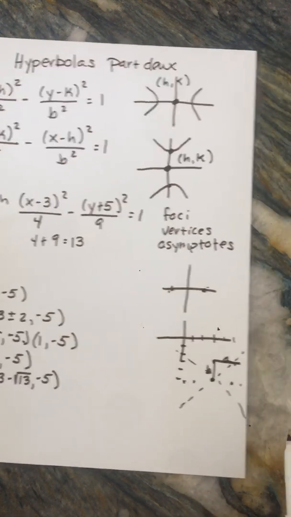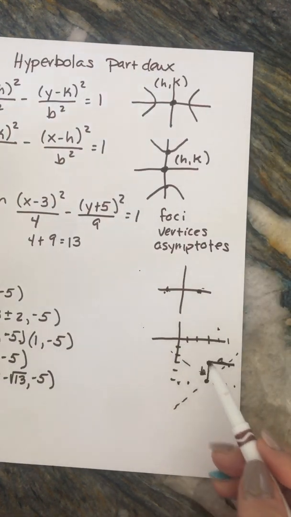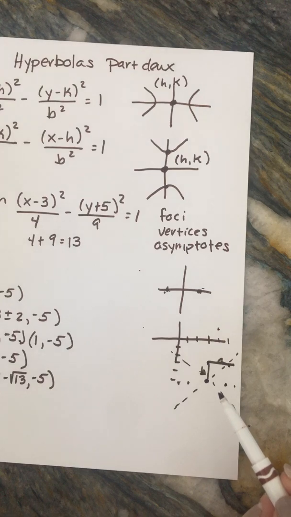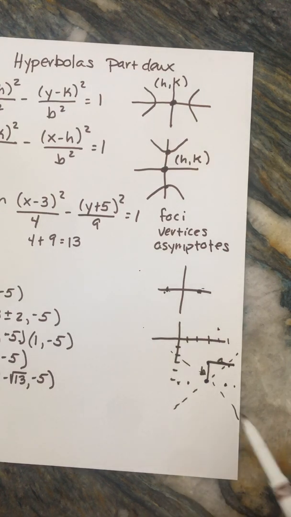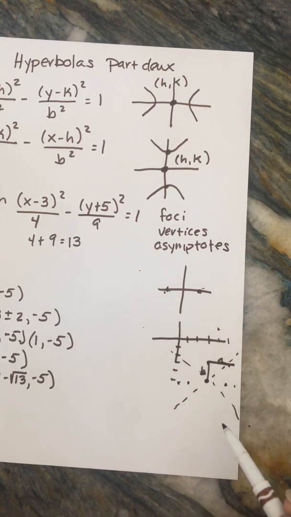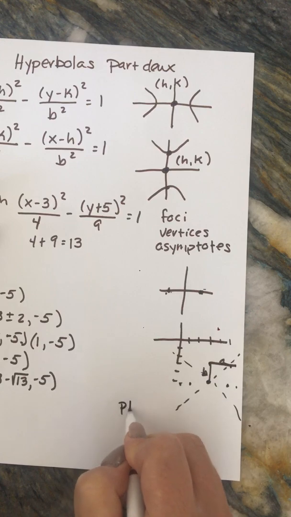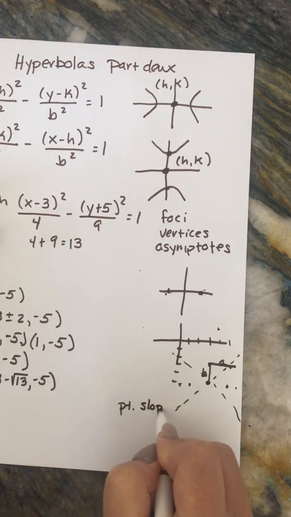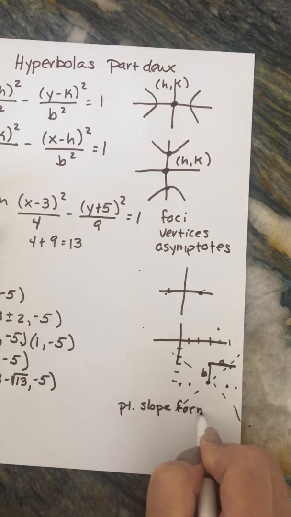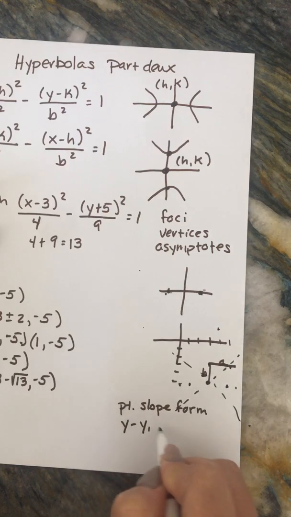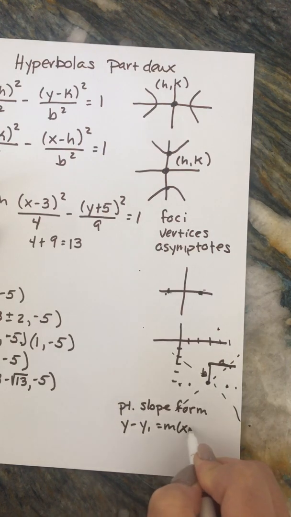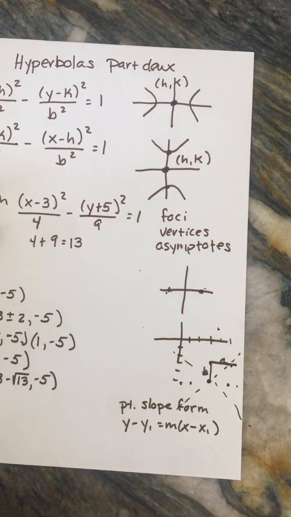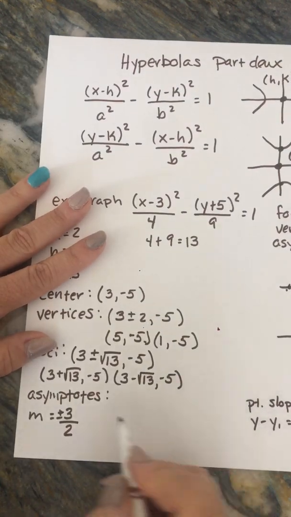We are not going through the origin anymore, so we can't do the y equals mx plus b as easily. And I don't even know what the y-intercept is, just by looking at this. So I'm going to have to use point slope form. That's y minus y1 equals m times x minus x1. Remember that one from Algebra 1? So here we go.